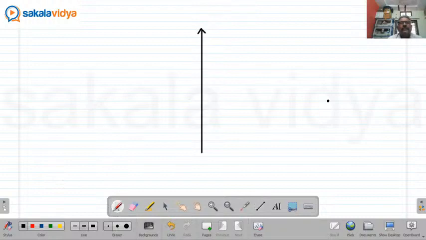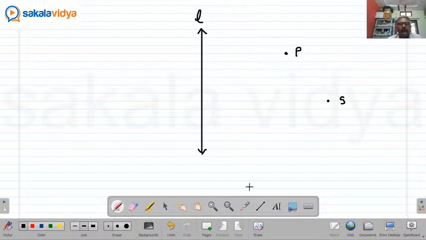Suppose this is line L. Take any point P. This is P. Say the fixed point is S. This is the moving point, the variable point, say P.